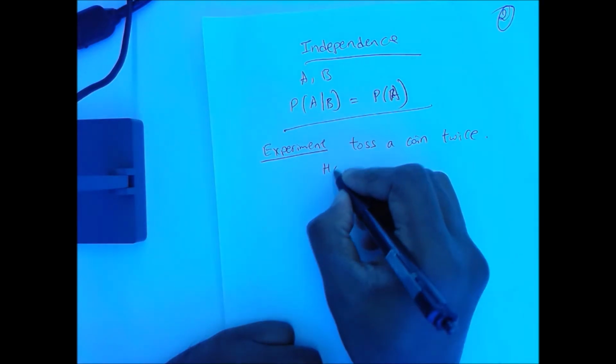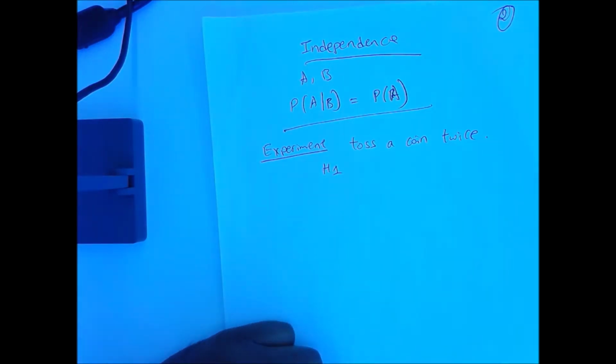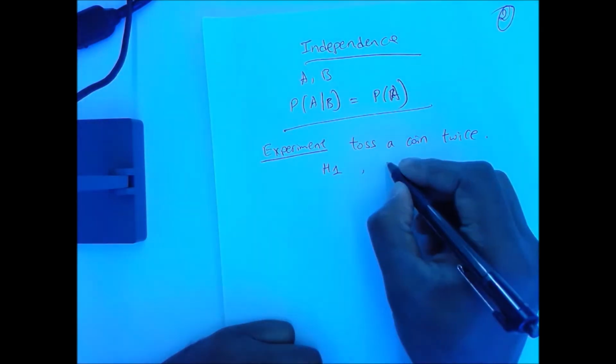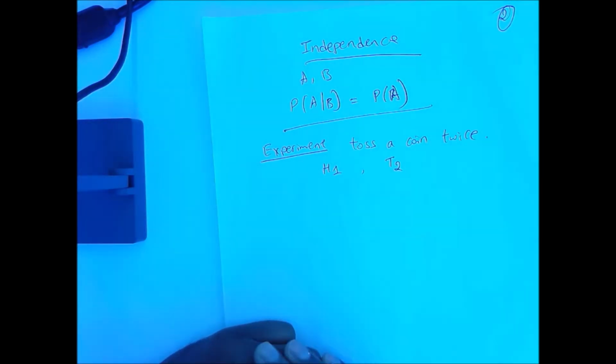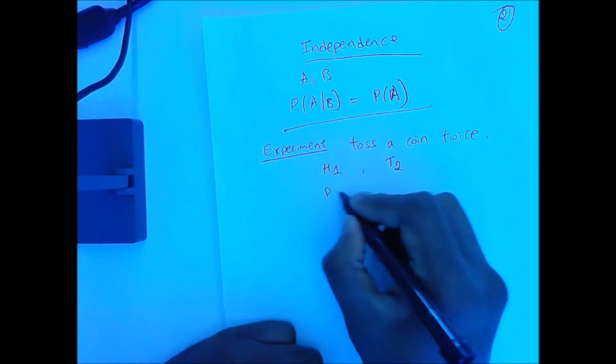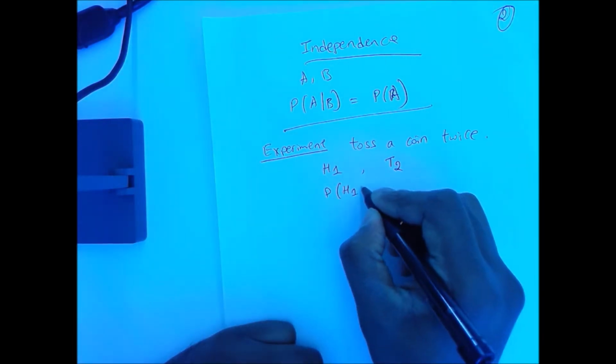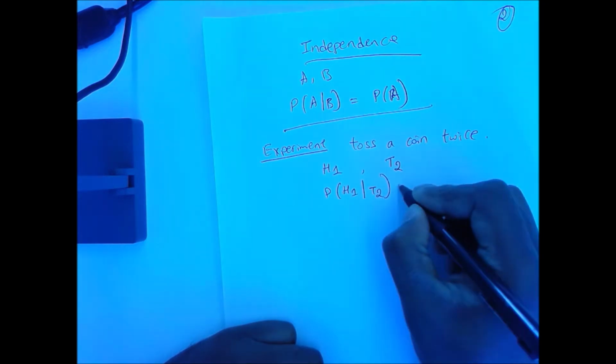H1, which is the event that the first toss is heads, and T2, the event that the second toss is tails. Are these two events independent? Because the first time you toss it has nothing to do with the second time you toss it. So probability of H1 given T2 will be equal to probability of H1.